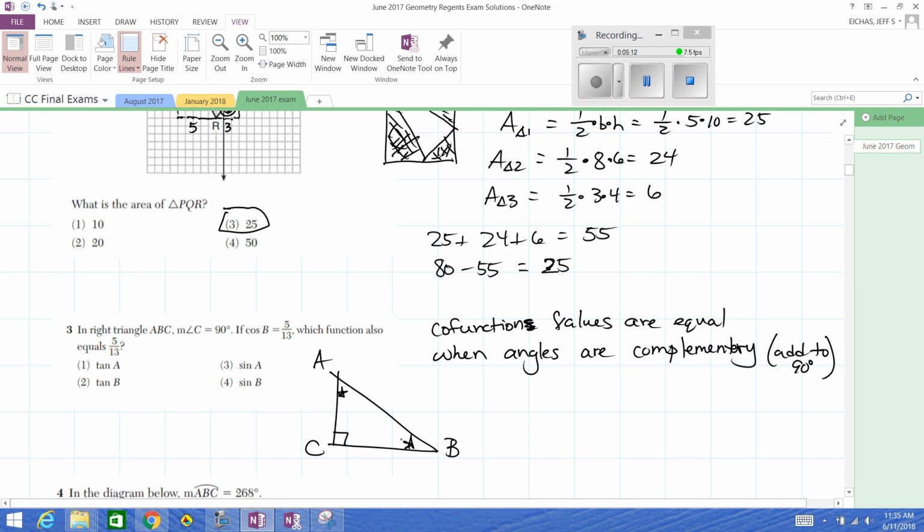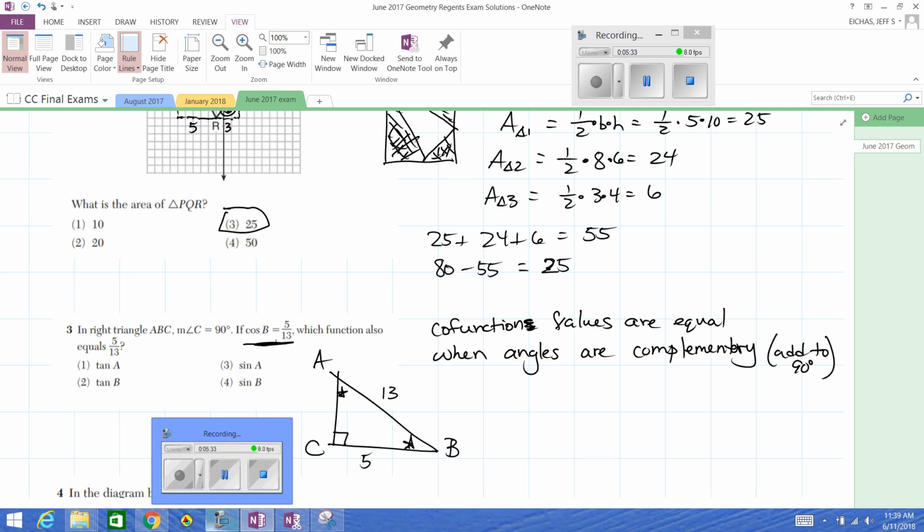So for instance, perhaps one of them, actually I can figure out, just give me a second. So looking into it a little bit, cosine B equal to 5/13. That means adjacent over hypotenuse, 5 over 13. That's kind of how it would play out. Now, we don't need any of this for this problem.